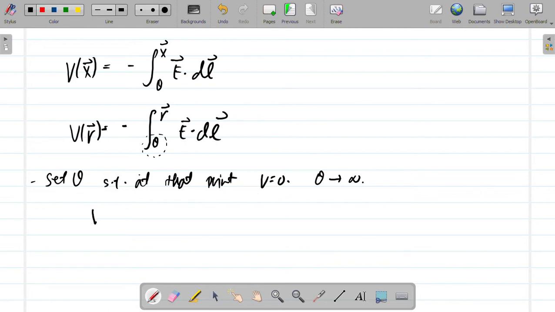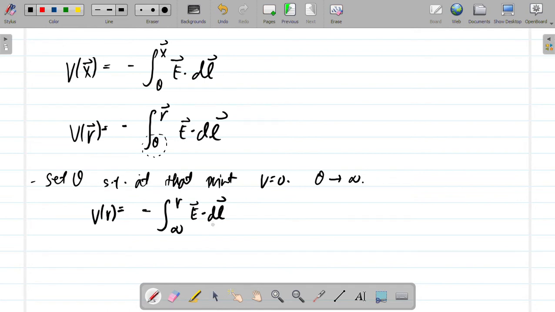So, V of R now equals negative infinity to R E dot dl. Tinanggal ko na yung arrow class para mas madali nyo ma-imagine. Ang hirap kasi pag yung bound mo, vector. So, kunwari R na lang, hindi siya dependent sa theta and phi. Usually naman yung problems natin, independent of theta and phi.